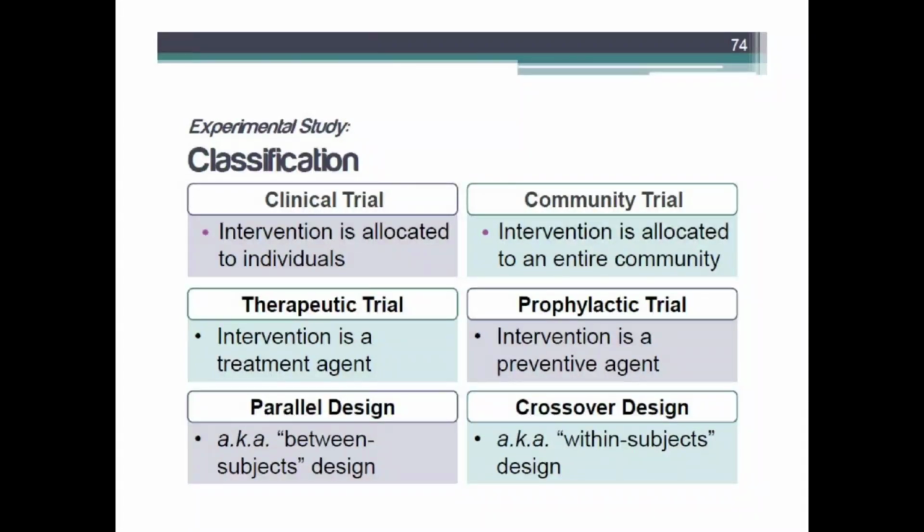So, therapeutic trial na yun. Pag prophylactic naman, prophylactic trial, intervention is preventive agent. Ibig sabihin, yung mga population mo, at risk sila, wala pang sakit, no? Pero at risk sila, so kailangan mong bigyan ng gamot, no? To prevent that particular disease. Okay? Parallel design is the between subjects, and then crossover is within the subjects design. Okay? Focus lang kayo dito sa mga to.